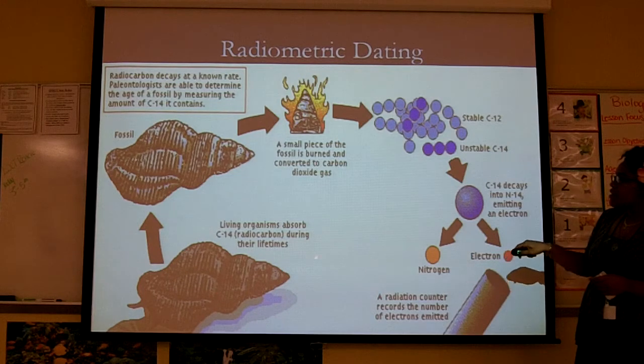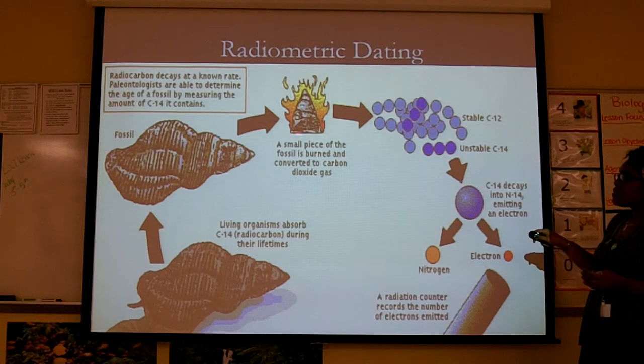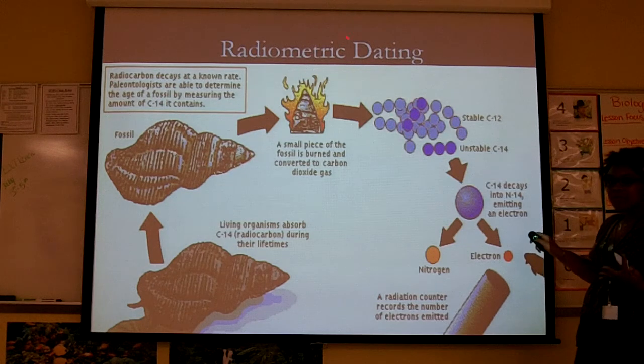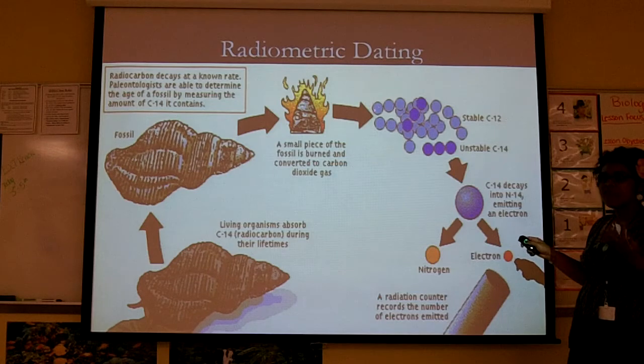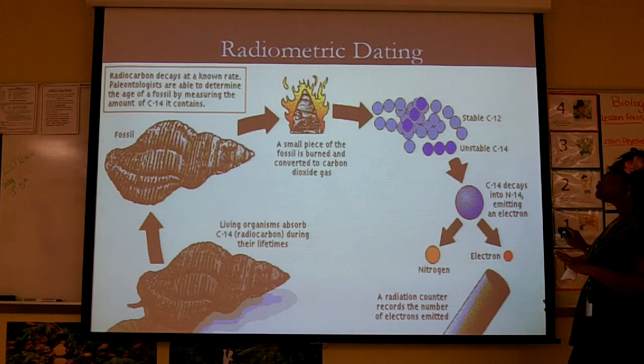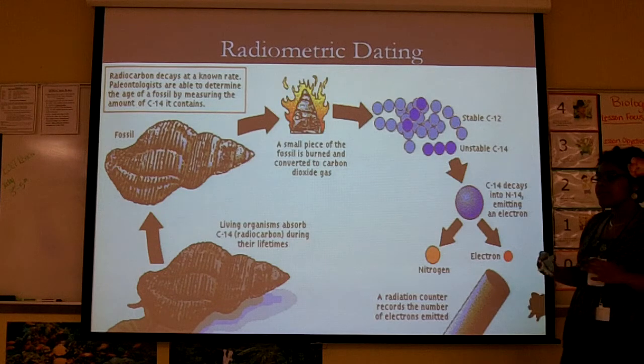So if you follow this flowchart here, living organisms absorb C14, and eventually become a fossil. A small piece of the fossil is burned and converted to carbon dioxide gas. When it's converted into carbon dioxide gas, we're able to pull out stable carbon, which is the normal carbon that you see in your periodic table, atomic mass of 12. And then you have the unstable C14, the radioactive carbon.